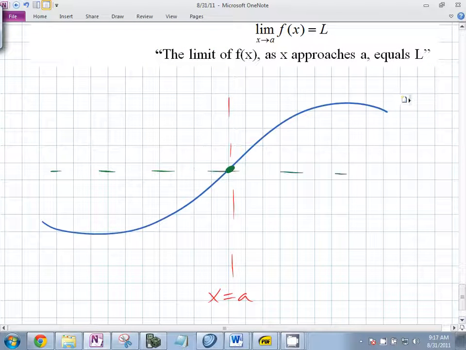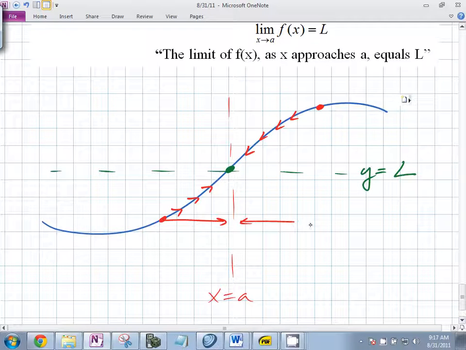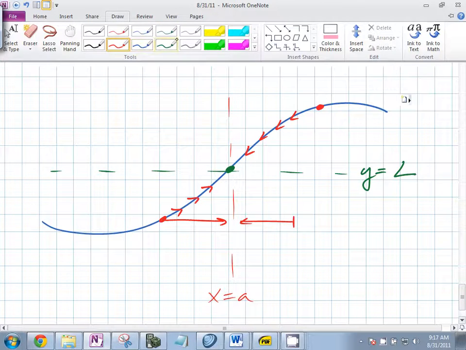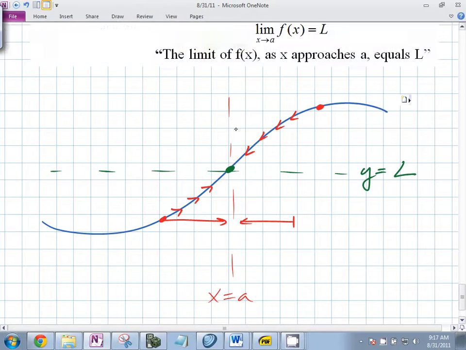So as x gets closer to a from both sides here, what's happening to the y value? It's getting closer to L from both directions. That's actually what that means.